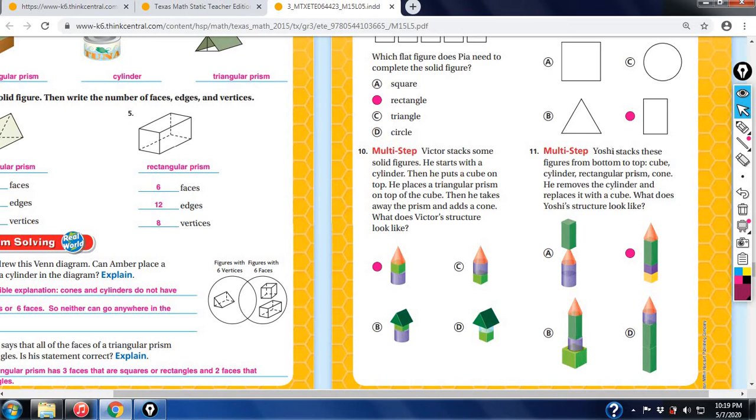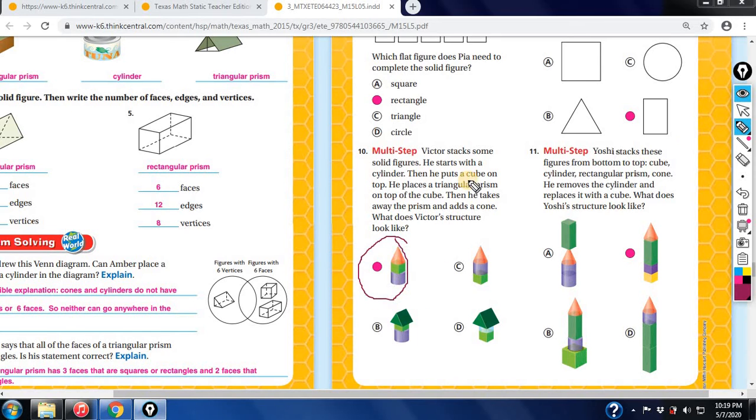Multi-step, Victor, and we just go and look at each one. Victor stacks some solid figures. He starts with a cylinder. Then he puts a cube on it. He places a triangular prism on top of the cube. Then he takes away the prism and adds a cone. What does Victor's structure look like? And again, walk your way through it.